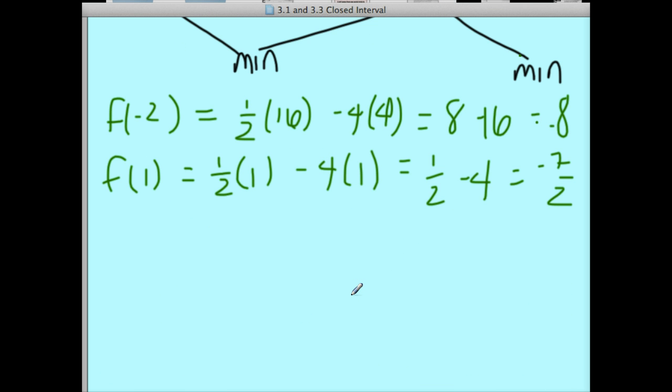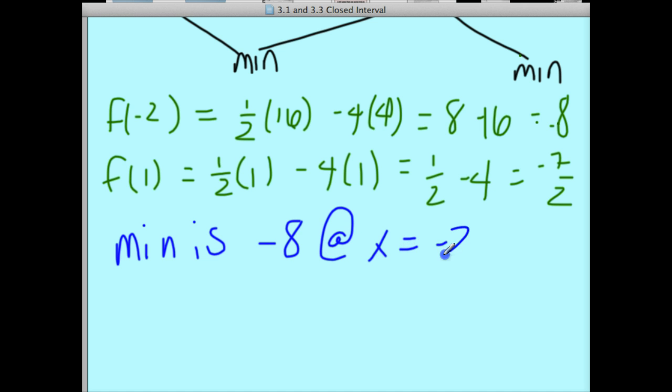Our absolute minimum happens here. So we know our minimum is -8 at x is equal to -2, since this is our absolute minimum.